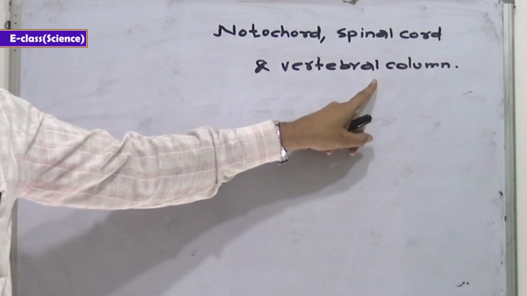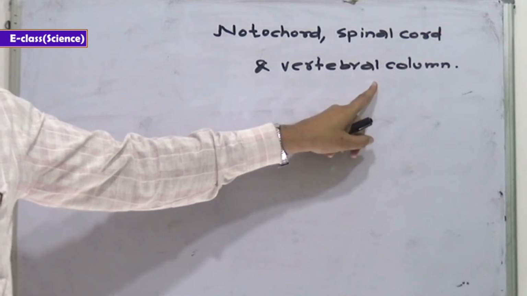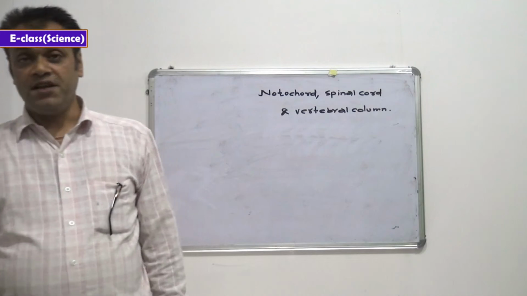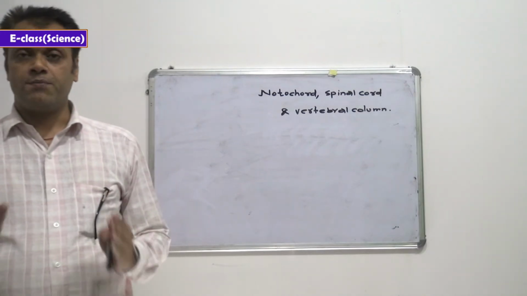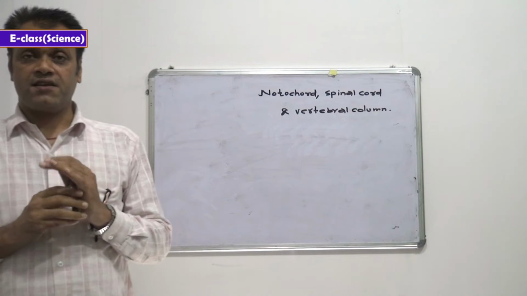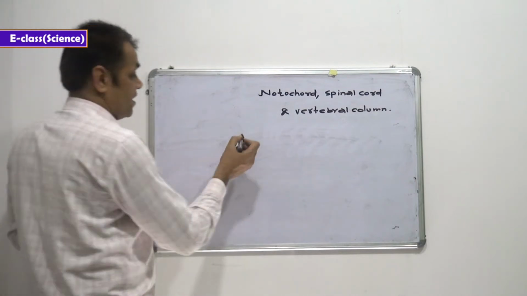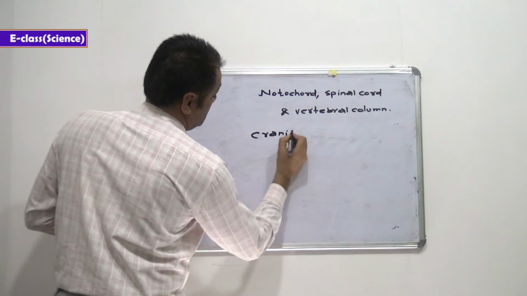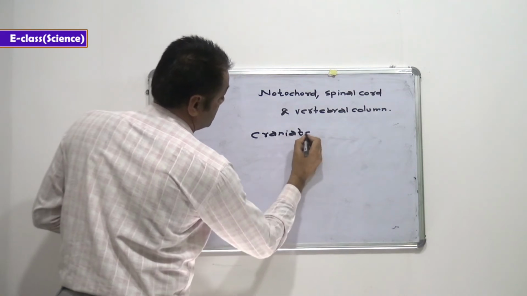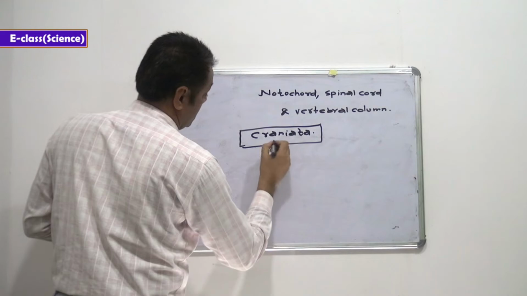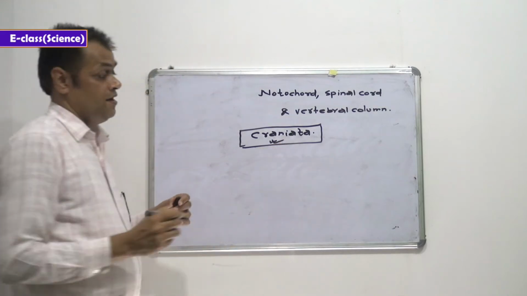The organism which comes under this group, we call vertebrates. Second point, their brain is enclosed inside a skeletal case, which we call cranium. So another name is given to these animals: craniata. Vertebrates are also called craniates.